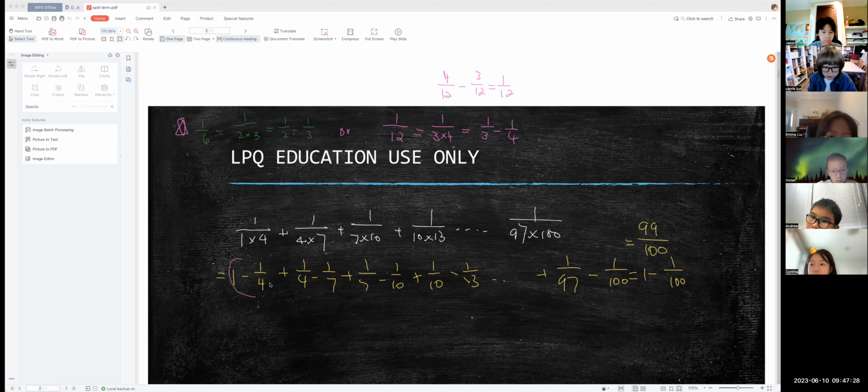But everybody, I want you to find out, does 1 minus 1 over 4 really equal 1 over 4? Because these terms are 1 over 4, 1 over 28, 1 over 70, 1 over 130, and 1 over 9700. If you calculate it, 1 minus 1 over 4 equals what? Equals 3 over 4. Are they equal? No. So 1 over 4 minus 1 over 7, Jason, could you please tell me what it equals?